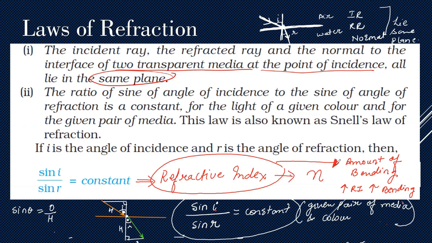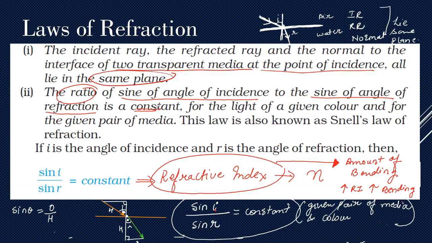So this entire thing is known as Snell's law. This can come as a 1-mark question. It will ask you 1 mark or 2 mark, you can say. They will ask you, explain what do you mean by Snell's law and give an expression for that. So by Snell's law, you should say it is the ratio of sine of angle of incidence to sine of angle of refraction is always constant for a given.